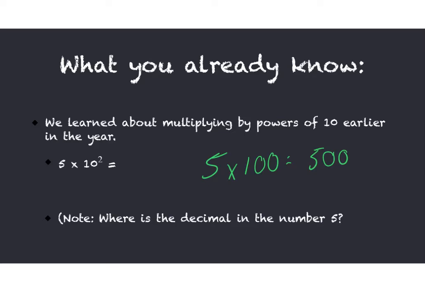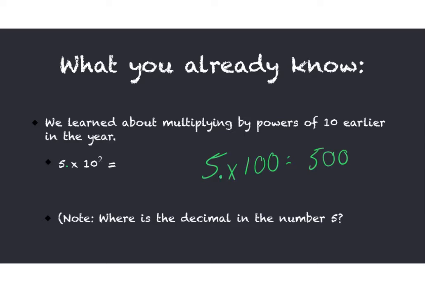But today we're going to take it a step further and we're going to look at how to multiply decimals by powers of 10. But before we move on, I want to ask you a simple question. In the number 5 up here, where is the decimal? If we look at this 5 right here, think about where the decimal is in this number. That's right, the decimal is just to the right of the ones place, or just to the right of the 5.